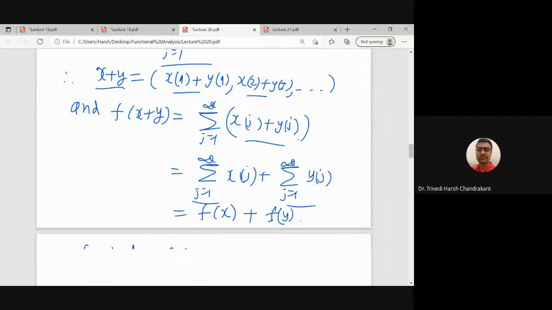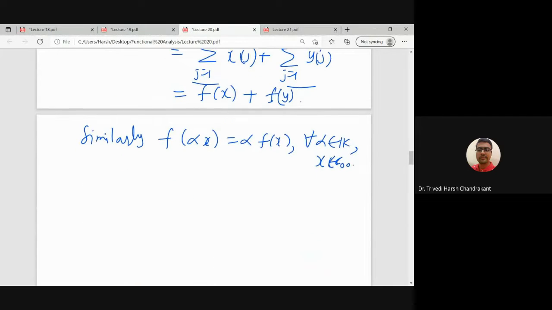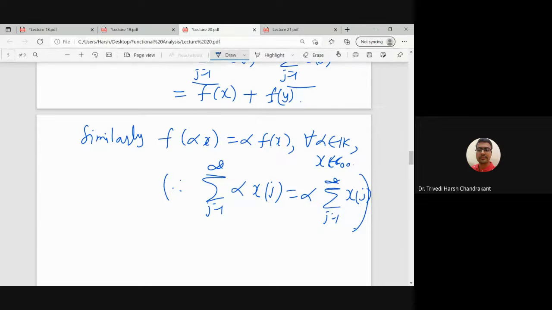The same property we can use here: when we multiply alpha with xj, and alpha is a fixed real or complex number, and the series converges, we can take alpha outside. All these properties of series we already know from real analysis as well as mathematics 1. Okay, so f is linear.